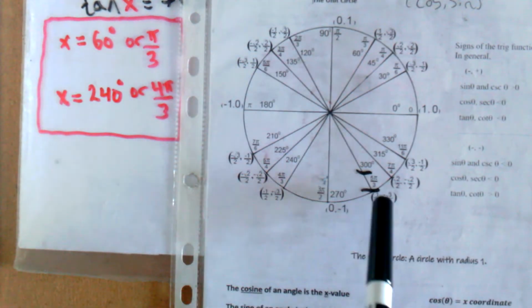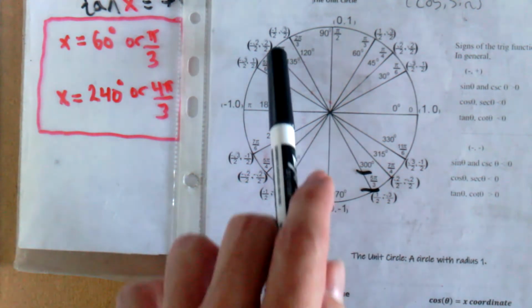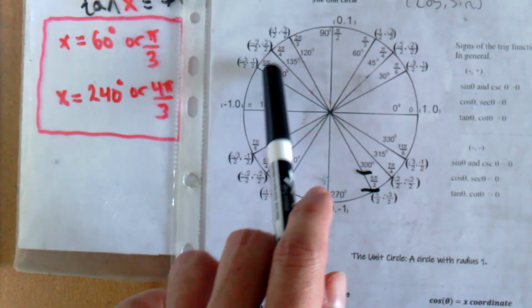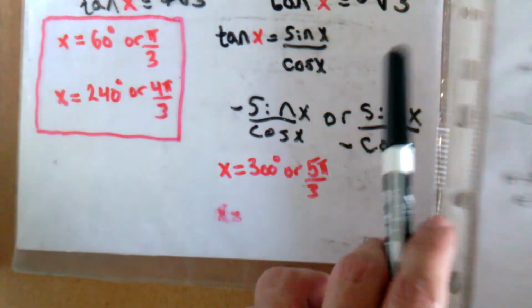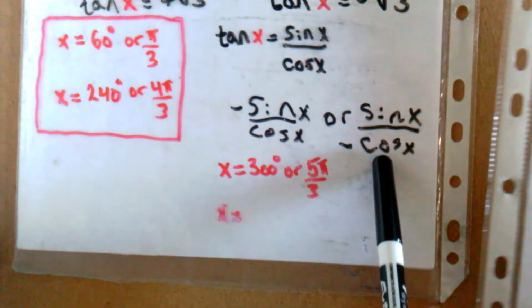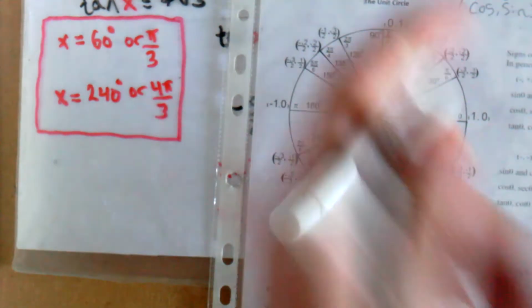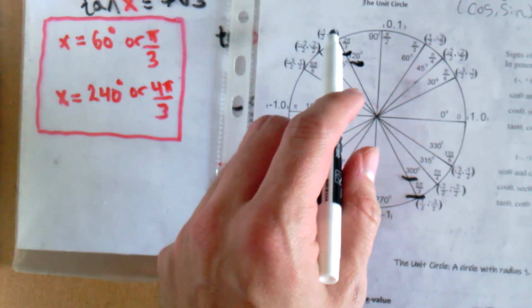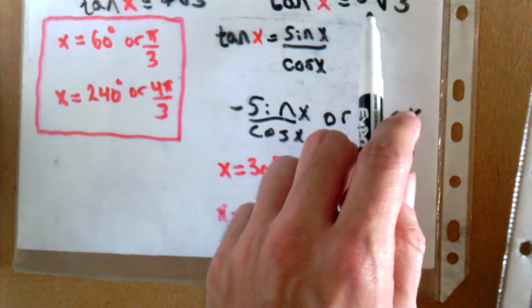Now again, if we can find the same coordinates for sine and cosine, then we can get the negative square root of 3. We see that sine is positive square root of 3 over 2, like we want here, and cosine is negative 1/2 here. That tells us that at 120 degrees, when we divide sine over cosine, or square root of 3 over 2, by negative 1/2, we should also get negative square root of 3.